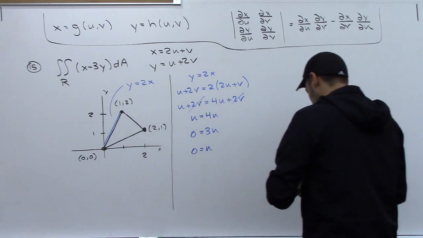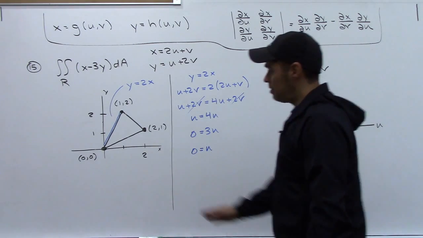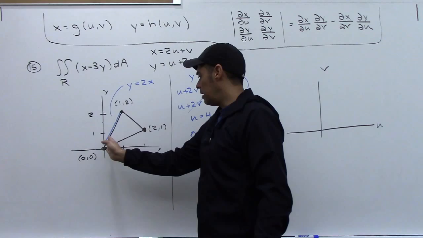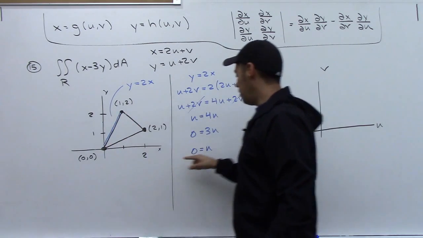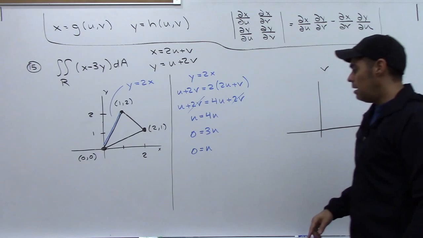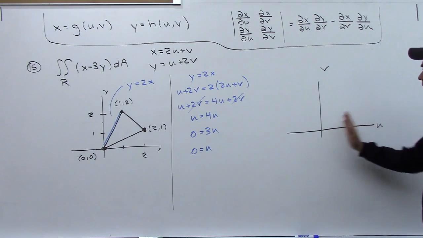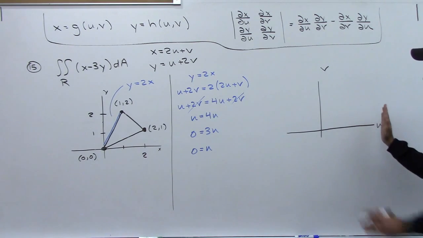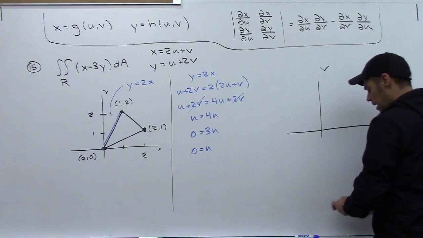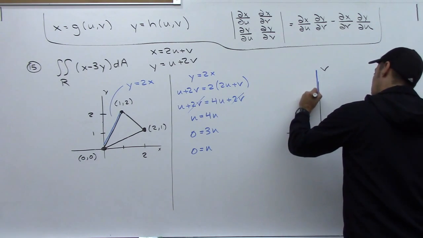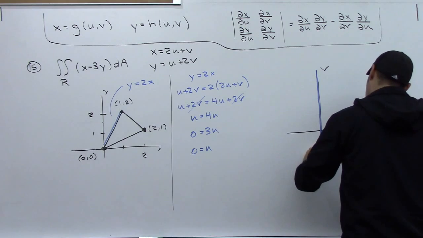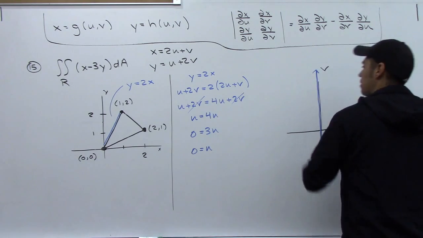So what I know is that this line gets taken over, and remember the line extends forever, but this line segment would be taken over to the line u is 0. So over here in the uv plane, if u is 0, then I imagine having a vertical line, u equals 0, that would extend forever like this.